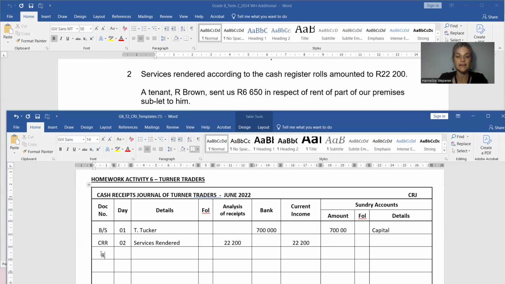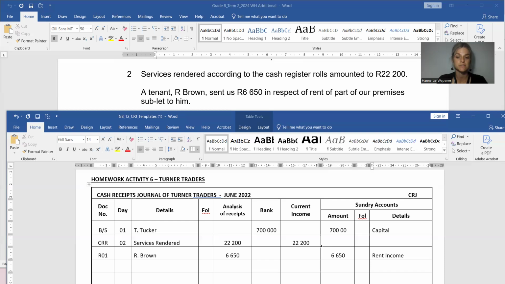Then on the same day, I issued a receipt. I'm just going to say it's receipt number 1 because they didn't tell me. This is also on the 2nd, and I received this from R. Brown. The amount that I received was 6,650 Rand that he sent to me in respect of his rent. So it's not services rendered, it is something else, so I say this is rent income.